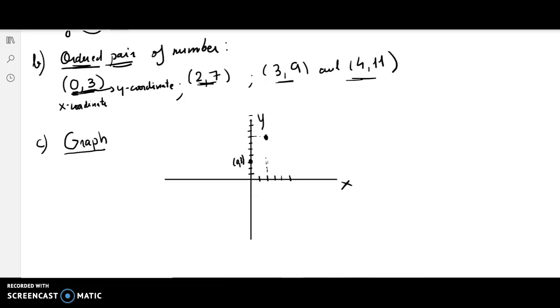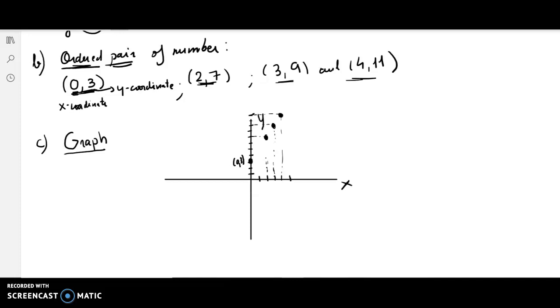The 3, 9, okay, it's next to the 2, 7, very close. And finally the 4, 11. Okay, it's right here. Kind of. Good. So in this graph, we have the representation of 4 points. So this graph also shows a function.